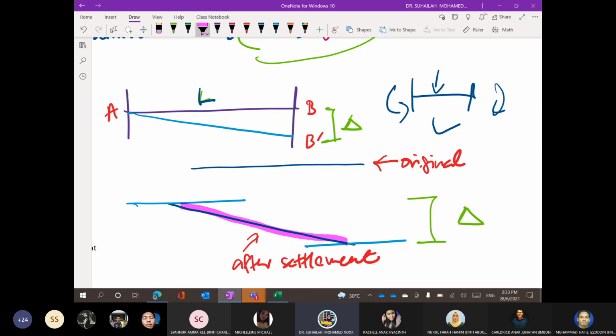The moment will push both A and B so that the beam will move back to its original position. And the movement is actually the moment direction. So which direction is it?